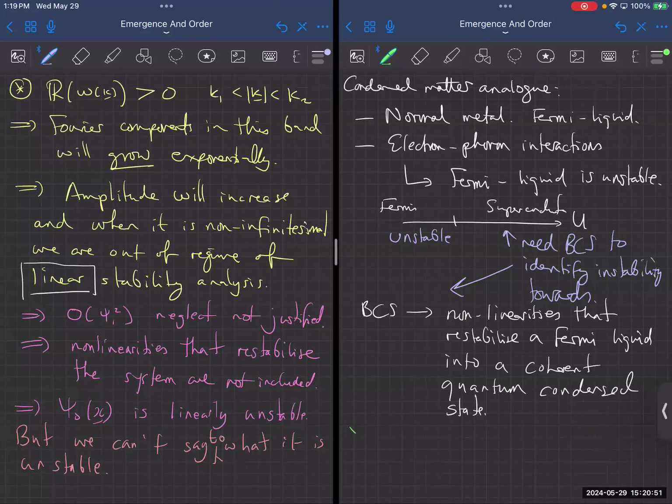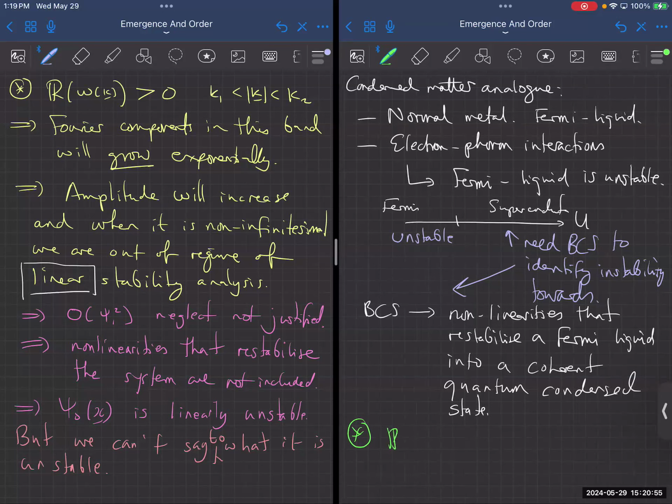Okay. In addition, there's one other state, which is that the real part of omega of k might be less than or equal to 0. And when it's equal to 0, that means that there exist marginal states.